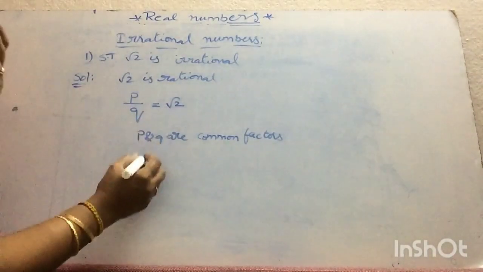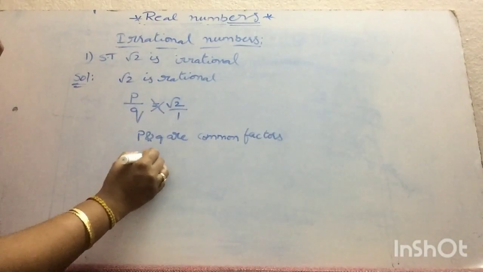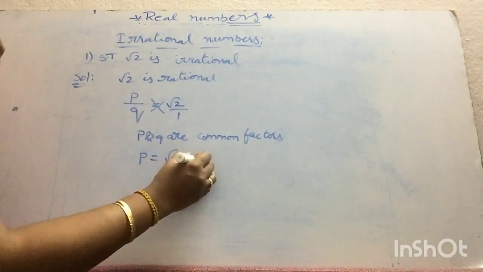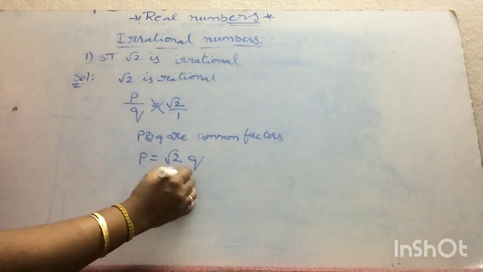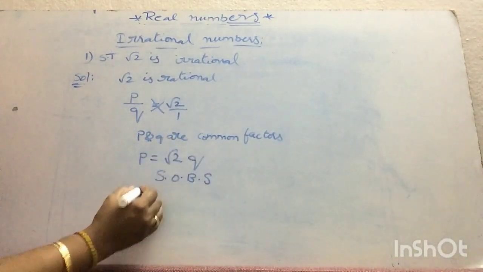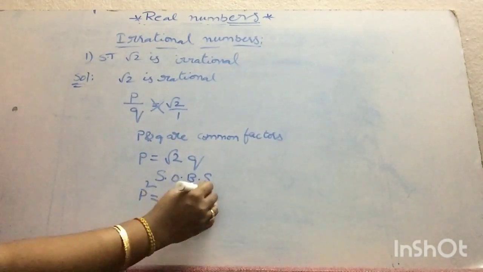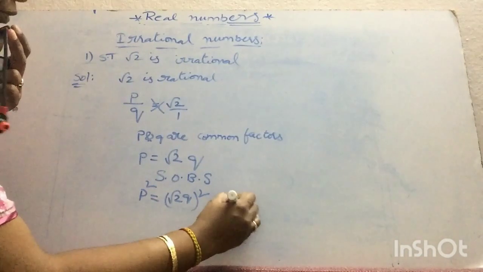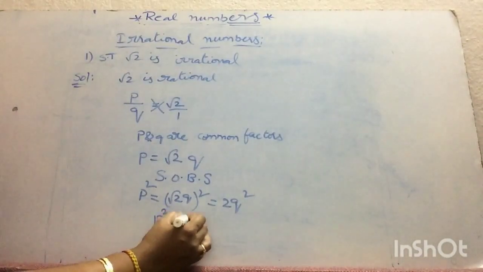Cross multiplying, P equals root 2 Q. Squaring on both sides, P square equals root 2 Q whole square, that means P square is equal to 2Q square.